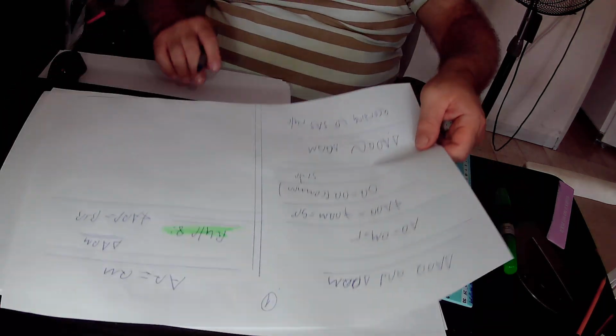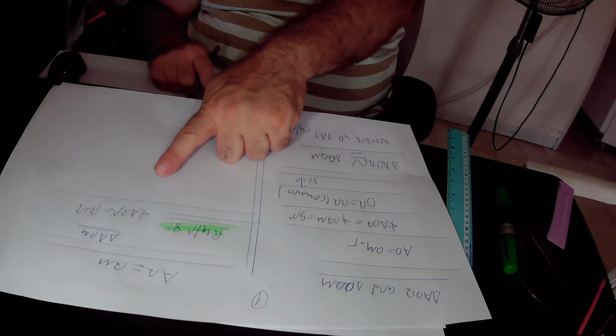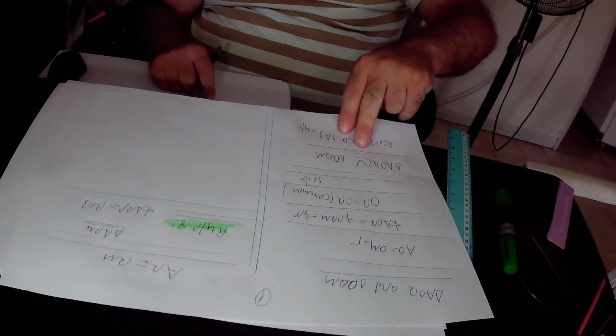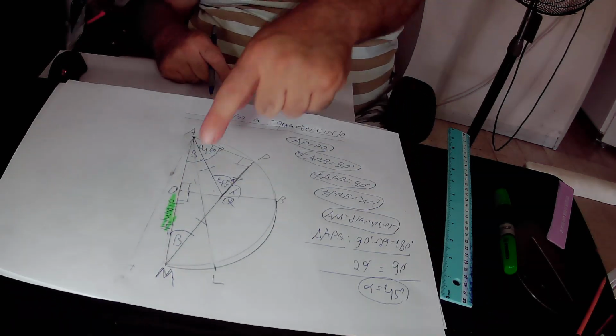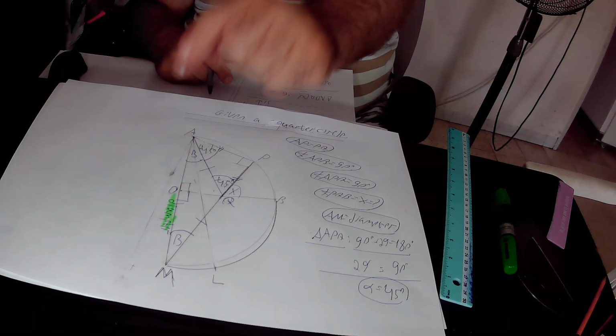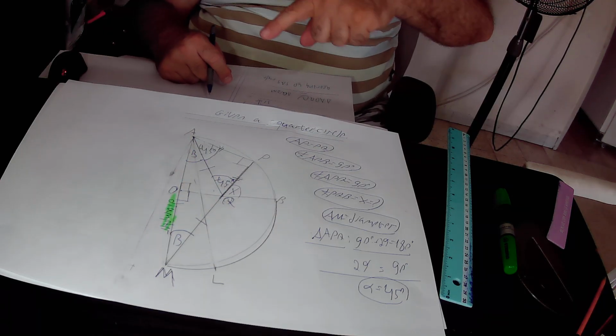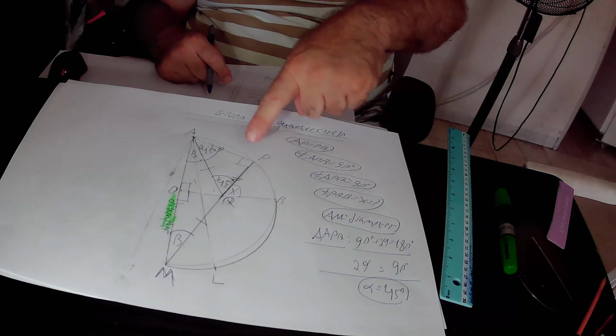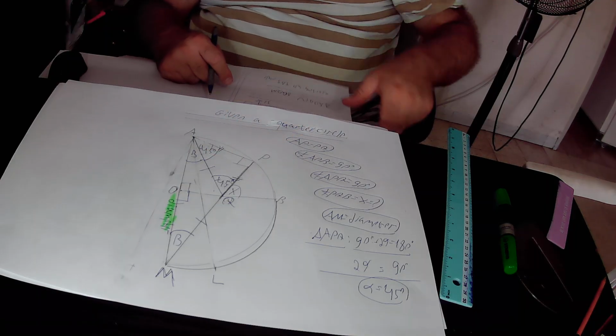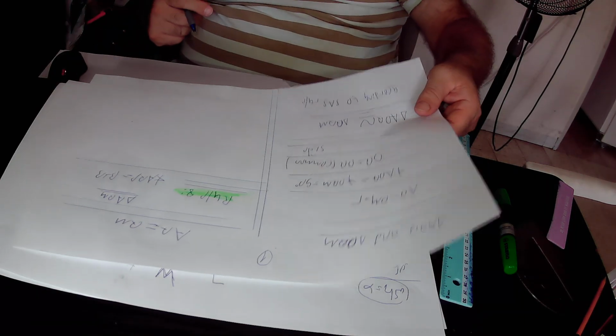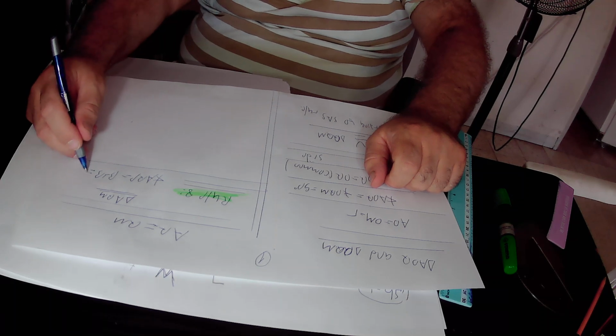So the size of the exterior angle is equal to the sum of the two interior angles that are not adjacent to it. Those are the two interior angles that are not adjacent to it. That is to say, the value of the exterior angle AQP is equal to beta plus beta. So angle AQP equals beta plus beta, that is 2 beta.